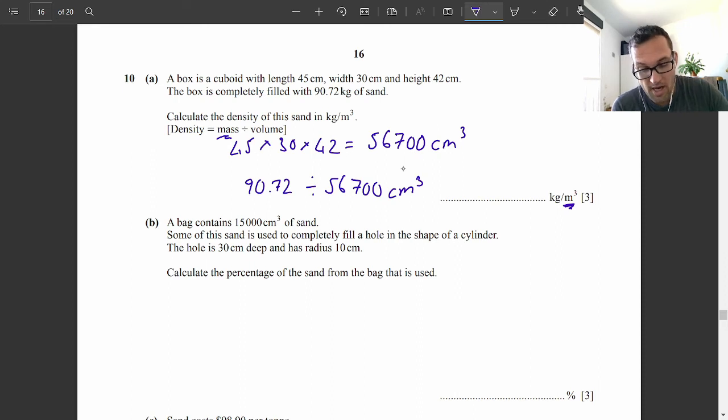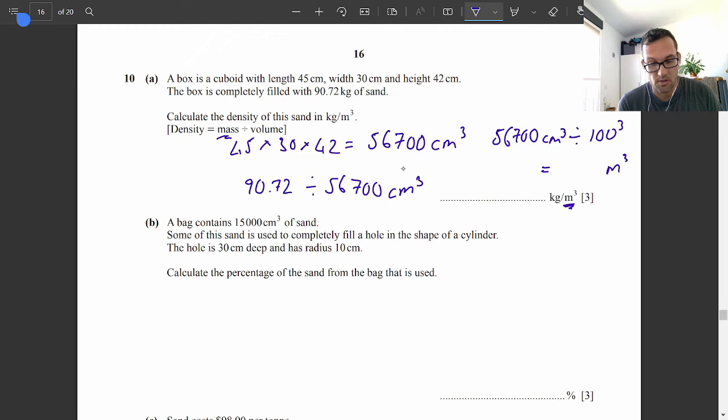So if we were to change 56,700 centimeters to meters, we would normally divide it by 100. But the moment it becomes nonlinear, becomes volume, we now have centimeters cubed, and meters cubed means we need to divide it by 100 cubed.